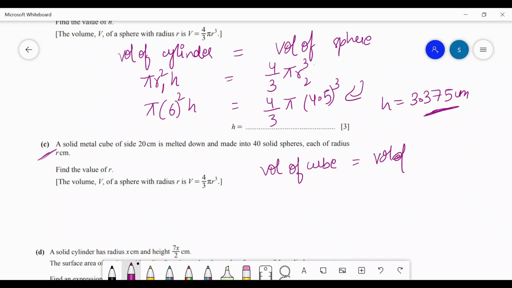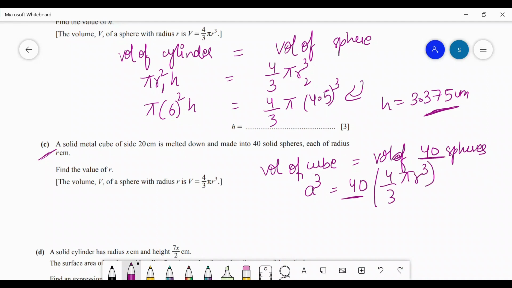So we're just going to use that logic here: the cube equals 40 spheres. The volume of the cube is basically length times width times height, which is all the same, so let me take a as the side of the cube. That is equal to 40 into 4 by 3 pi r cube.